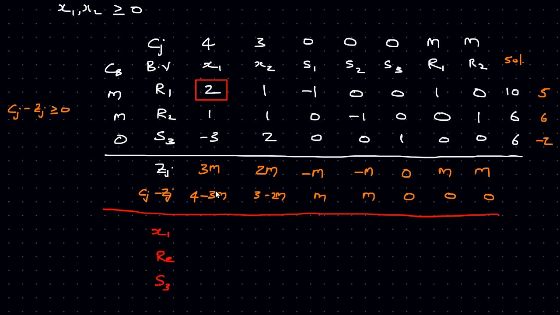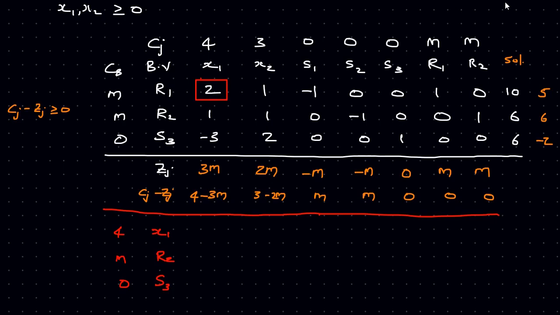Okay, and the coefficient of x1 from the objective function is 4. For R2 it's m, and for S3 it's 0.